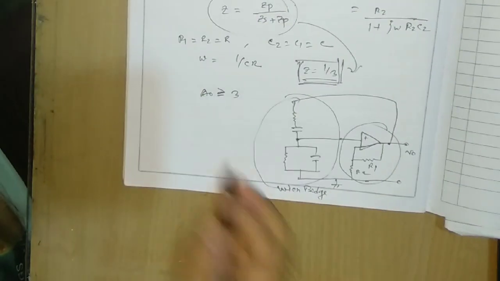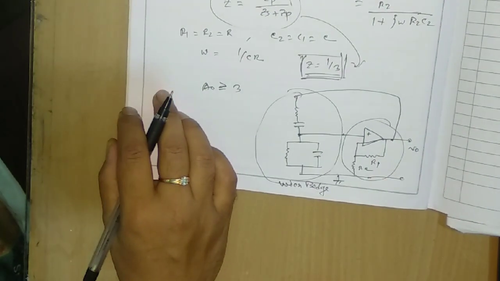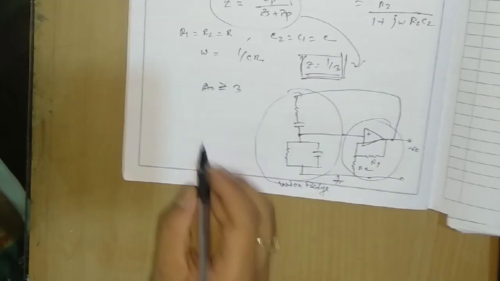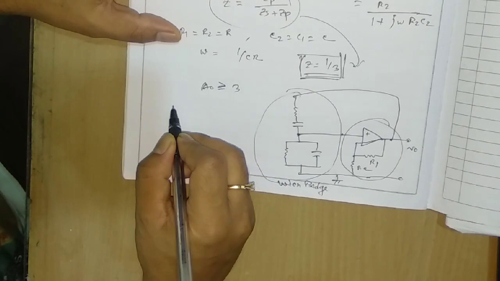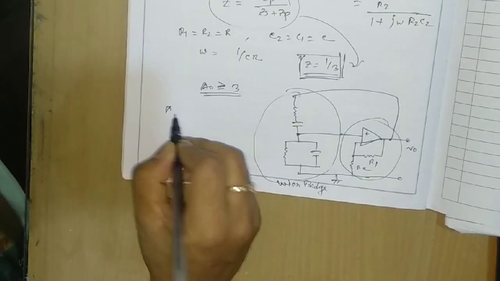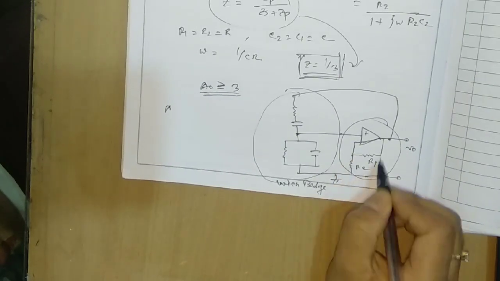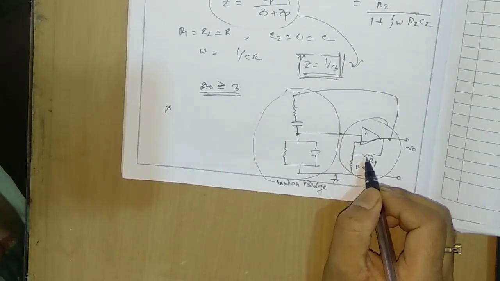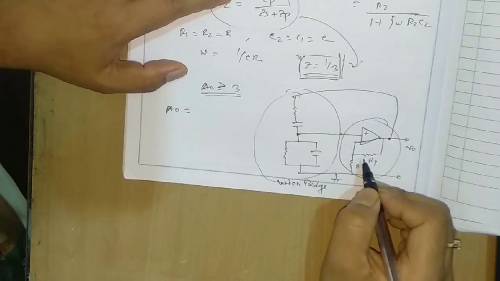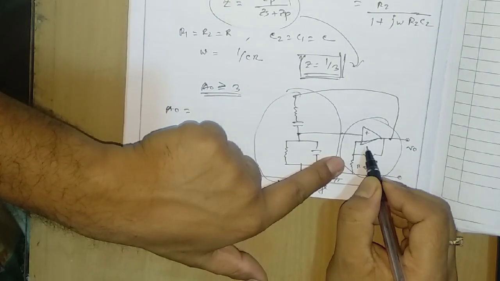So here A should be 3. So here we have the amplification for this. The gain is A0 equal to, it is non-inverting. Remember, this is a non-inverting amplifier.